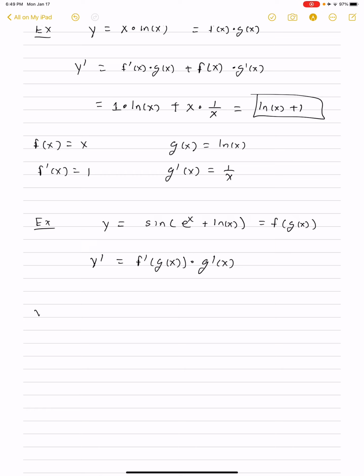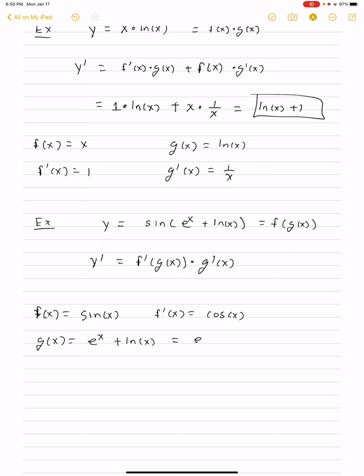So here, f of x is going to be the sine of x, and f prime of x is going to be the cosine. g of x is everything inside sine, so it'll be e to the x plus ln of x.